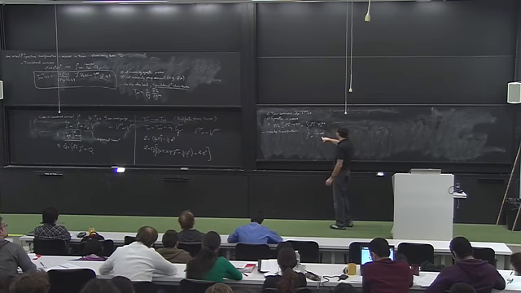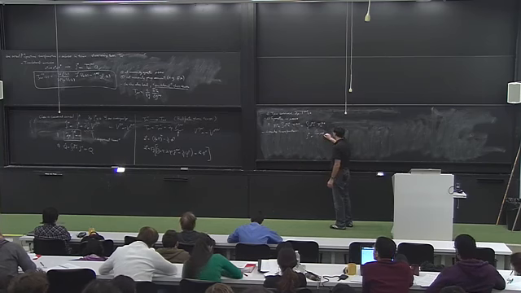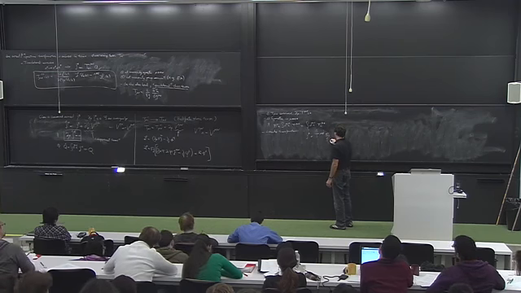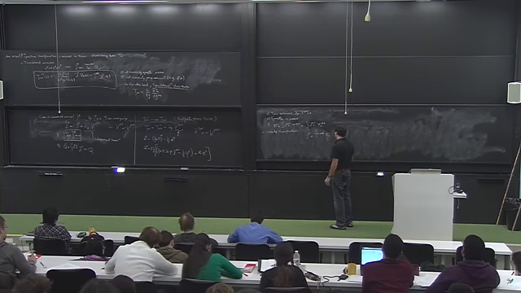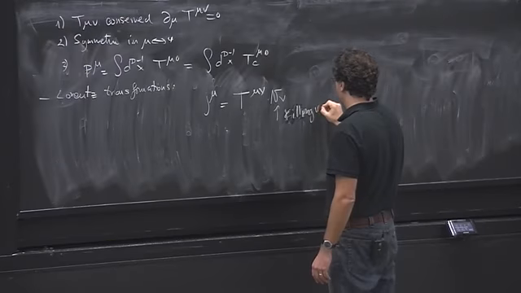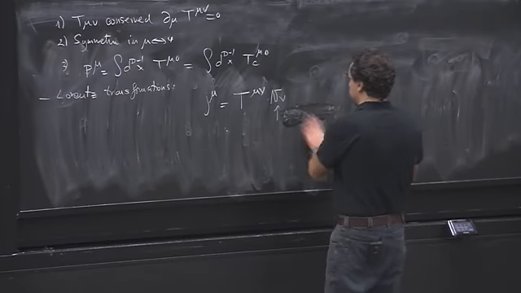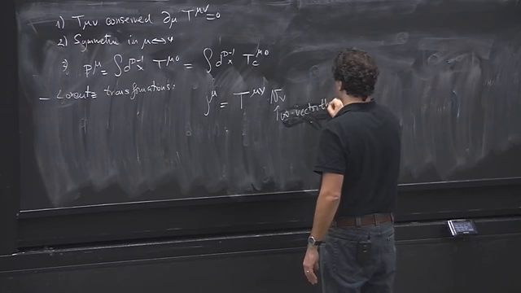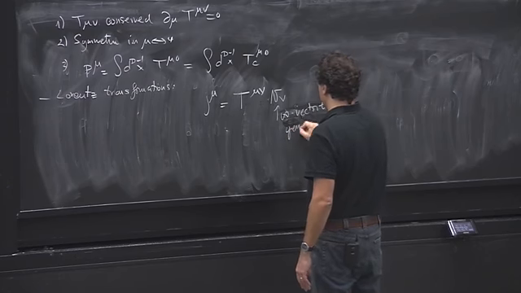All you have to do is contract the stress tensor with the Killing vector, or the infinitesimal vector that generates the corresponding symmetry.